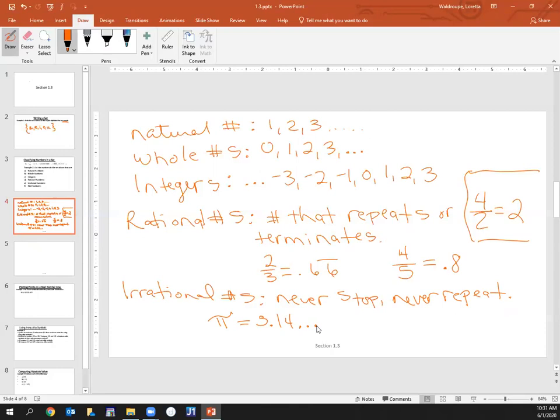That's irrational. The other things that will be irrational will be radicals that are not perfect squares, like the square root of 2. Okay? The square root of 9 is 3 times 3, so that's 3, so that's rational. But the square root of 2 is not.